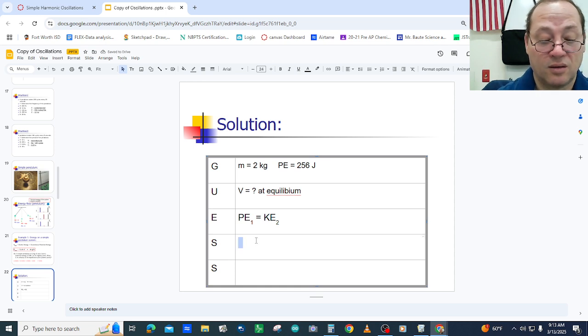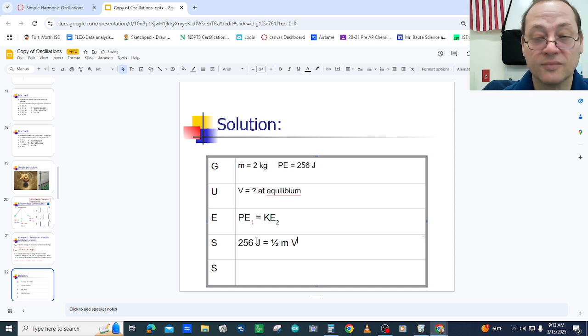Which means that 256 joules will be equal to half the mass times the square of the velocity.